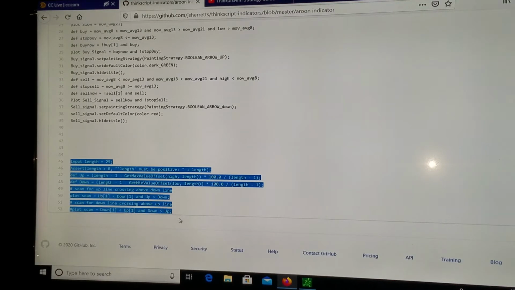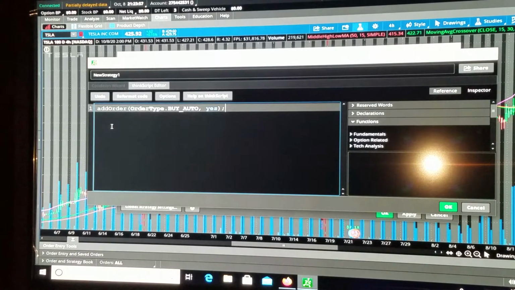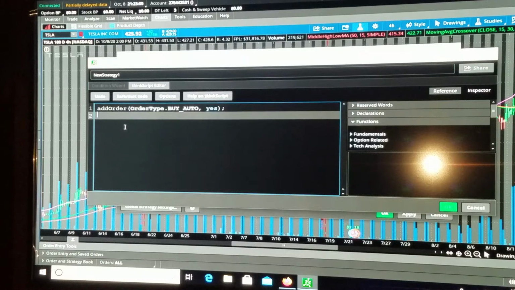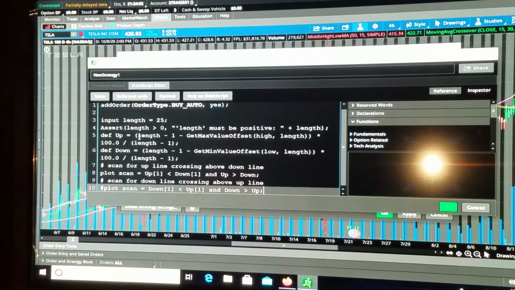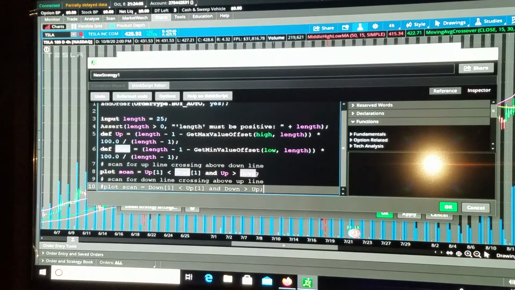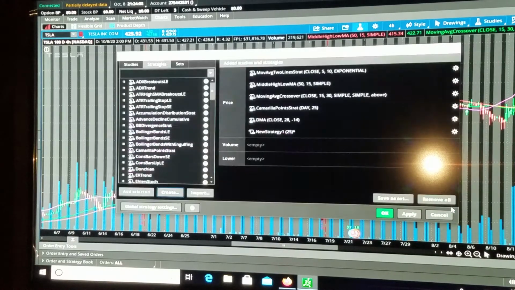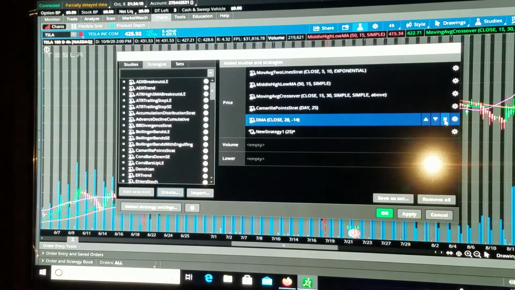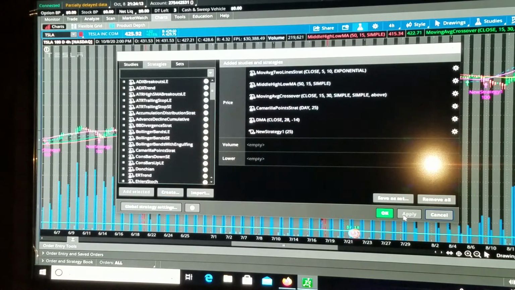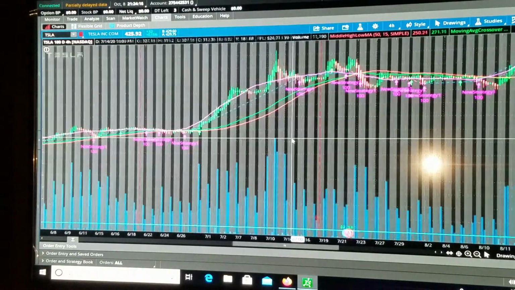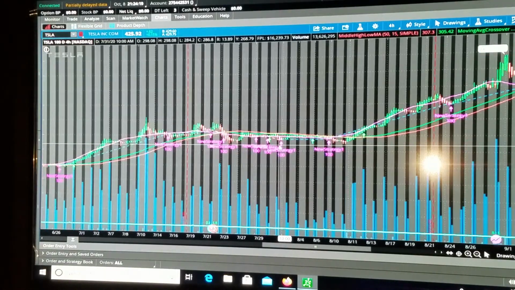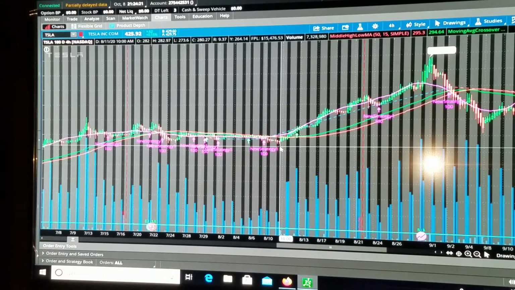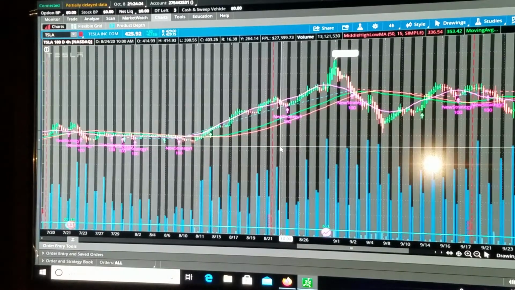Now, okay, and apply. Now this is the new strategy. Now this was our Arun strategy that we just put into effect.